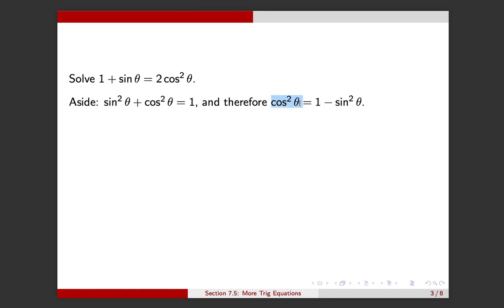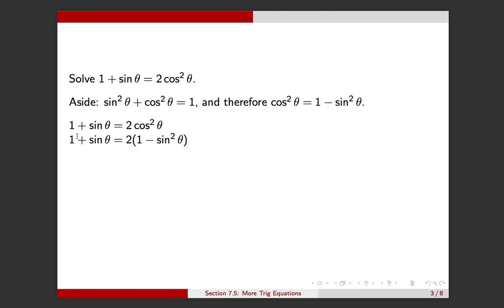Therefore, the square of cosine, which I have in this equation, can be written in terms of sine if you want. Cosine squared is 1 minus sine squared. So what does that mean back in terms of this equation? It means I can just replace a cosine squared with a 1 minus sine squared, which on some level makes the equation look more complicated.